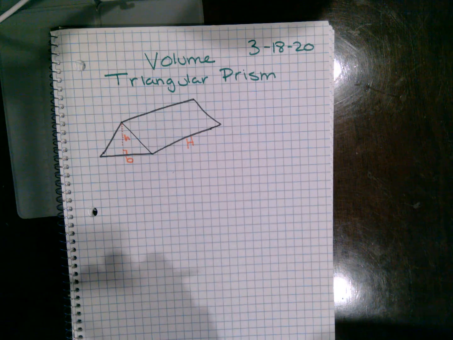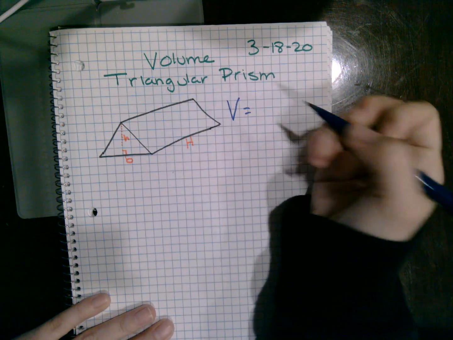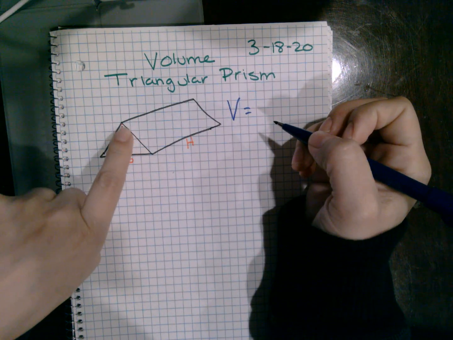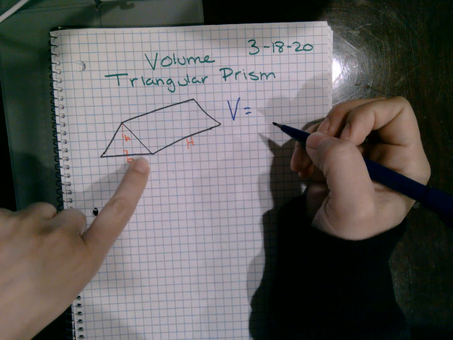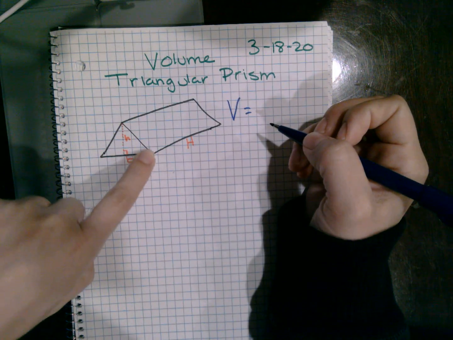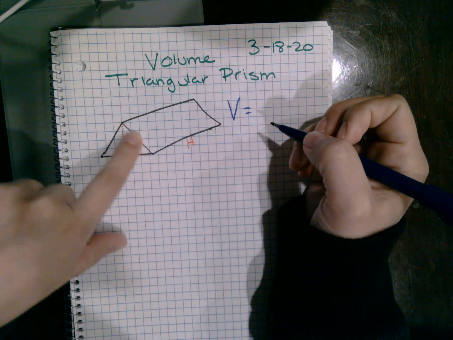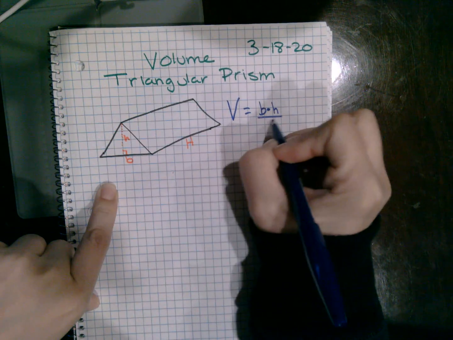Our volume of a triangular prism is basically the area of the triangle. So how do I find the area of the triangle? The area of the triangle is base times height divided by 2.